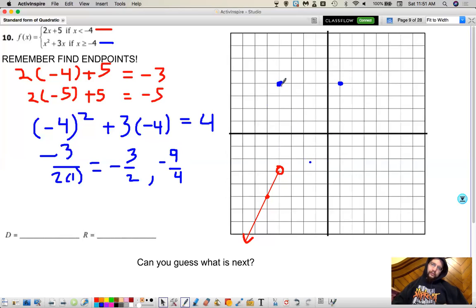Yeah, that's good. Maybe this. That might work. It's going on forever there. And it's stopping right there. Okay.